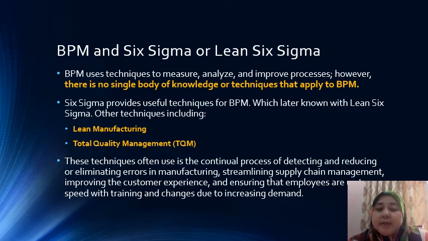Selain pada Six Sigma, kita ada dua lagi. We have another two types of techniques, which are lean manufacturing and total quality management. Another term that we use is TQM. These techniques are often used as continual processes of detecting and reducing or eliminating errors, particularly in manufacturing.